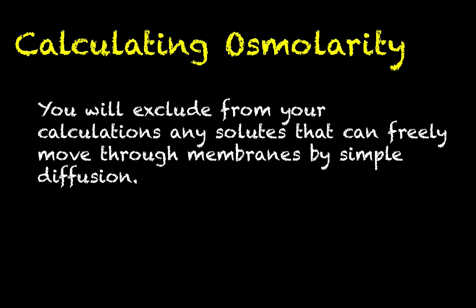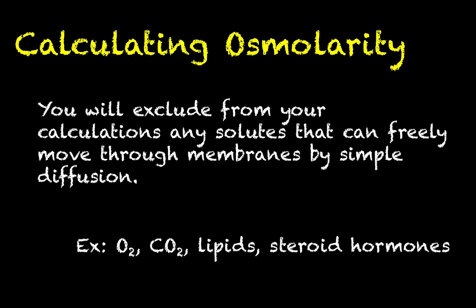So when you're calculating osmolarity, you will exclude from your calculations any solutes that can freely move through membranes by simple diffusion. Again, we're talking about things like oxygen, carbon dioxide, lipids, steroid hormones. Those concentrations in solution we're not really going to worry about.